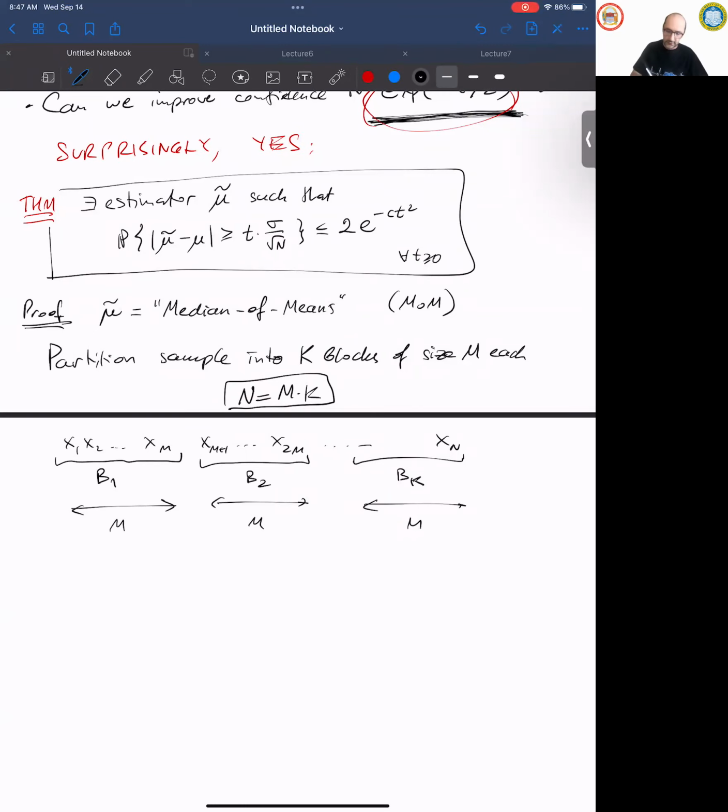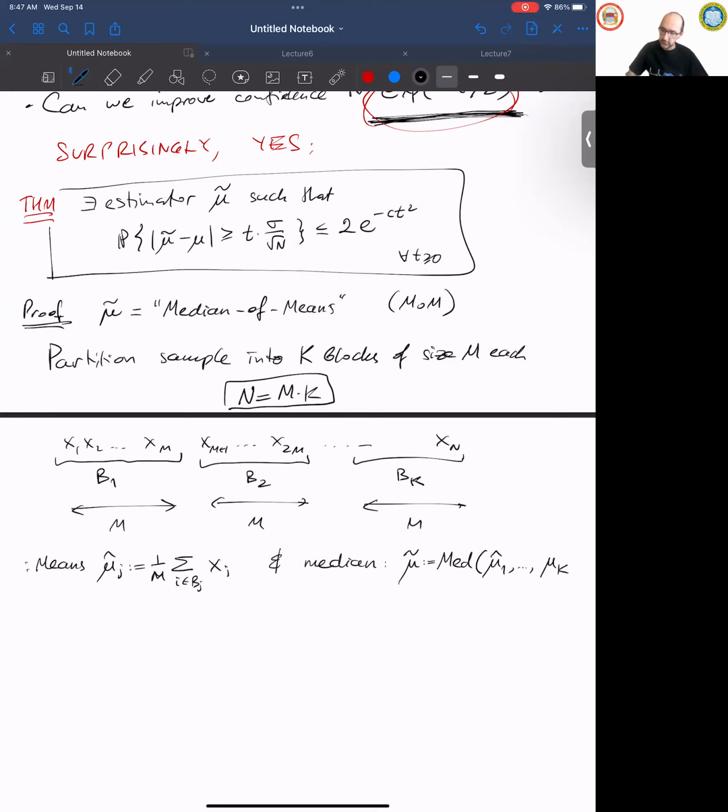So partition like this, take means first in each block. There's m elements, so I'm taking the means like this in each block. Then we take the median. Let's say mu tilde will be the median of these numbers.